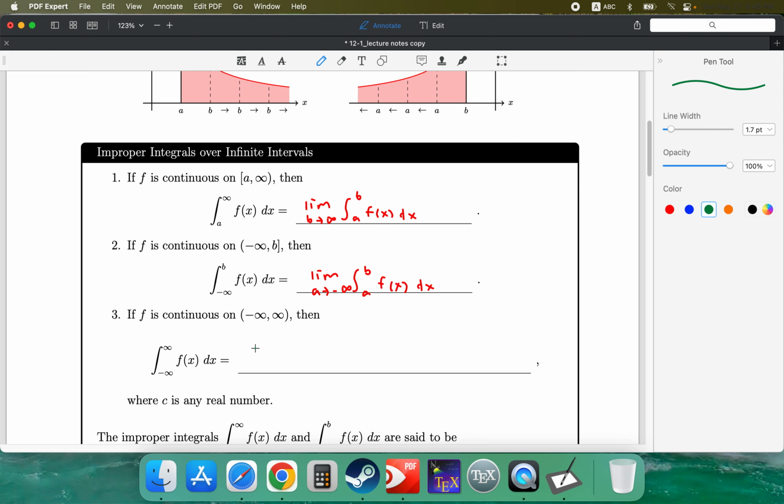Once we pick that number, we can rewrite this integral as the integral of f from negative infinity to this number c, and then add the integral of f from c to infinity.